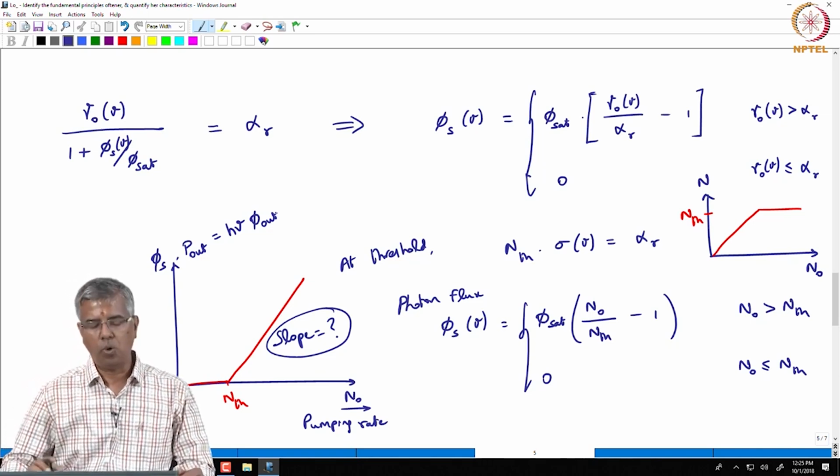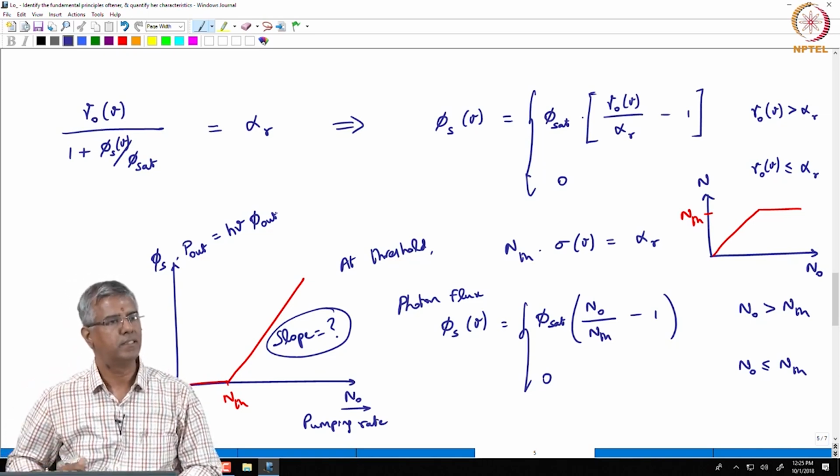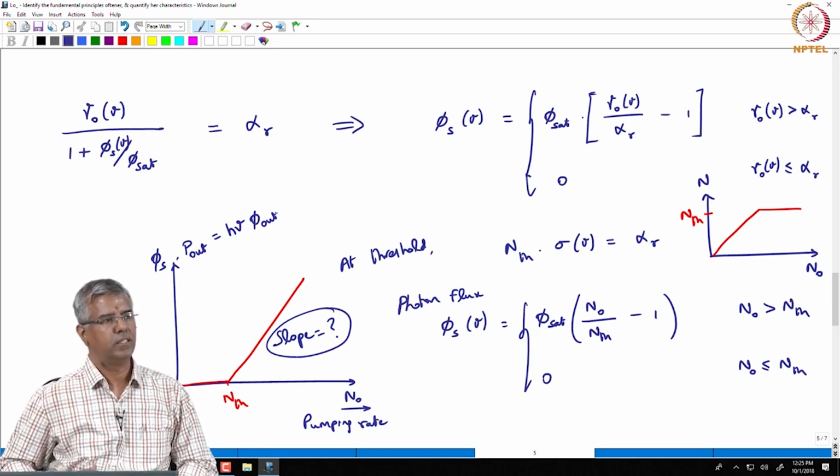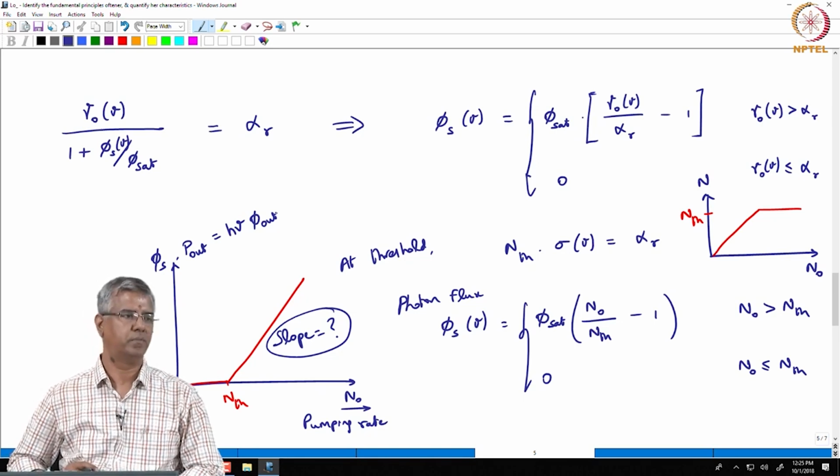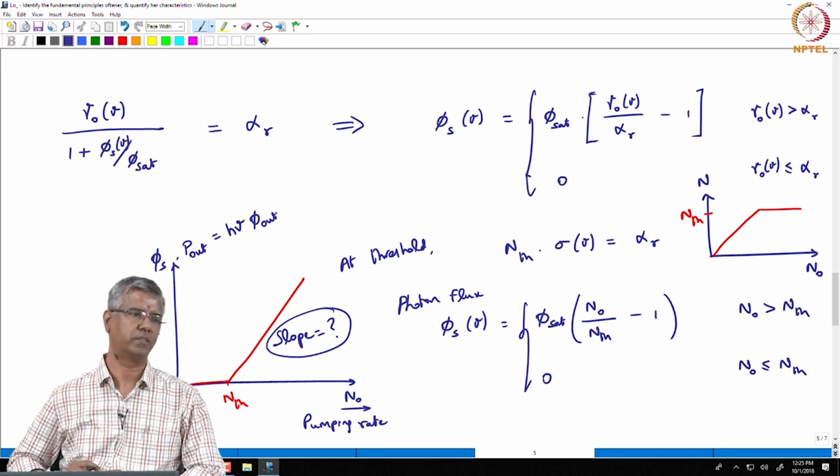Okay. So, what determines that fraction? What determines that fraction that escapes the cavity? The mirrors, basically the mirror reflectivity or the transmission of the mirrors.